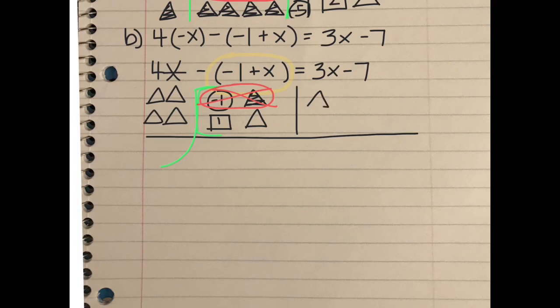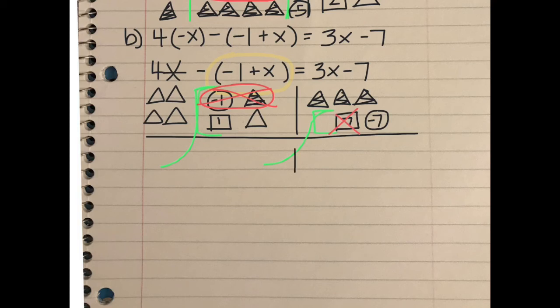So now I'm going to go to my other side, and I've got 3 x's. Here's another thing I'm supposed to take away that I don't have. I do not have a 7 to take away. So I can bring in a 0 pair of positive 7 and negative 7, and then follow directions and take away 7.